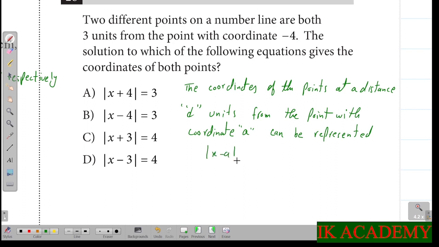The distance between x and a must be equal to positive number, which is d.